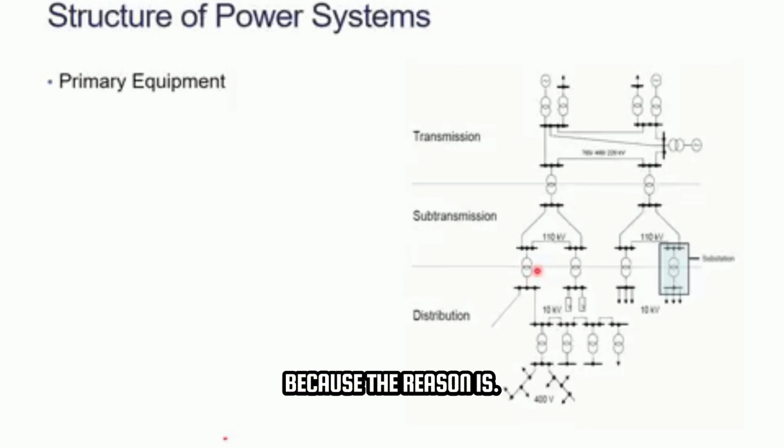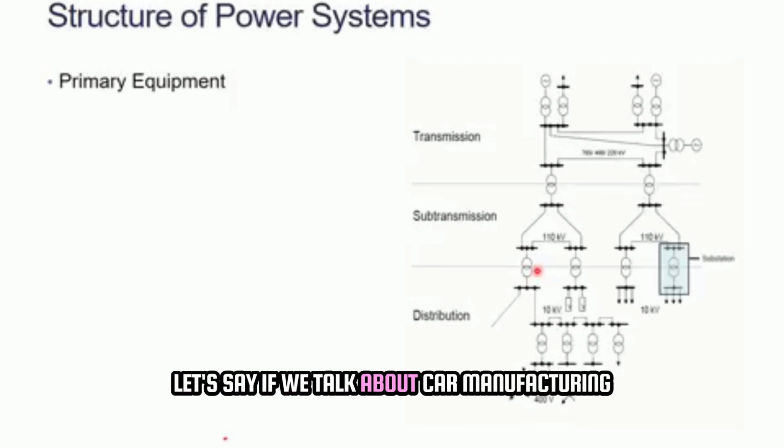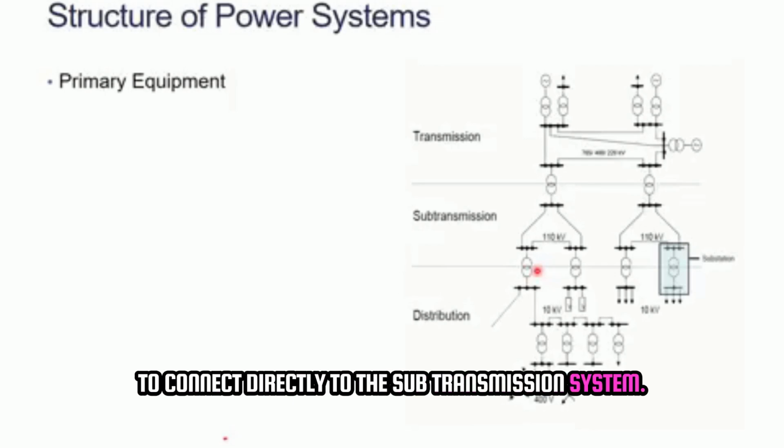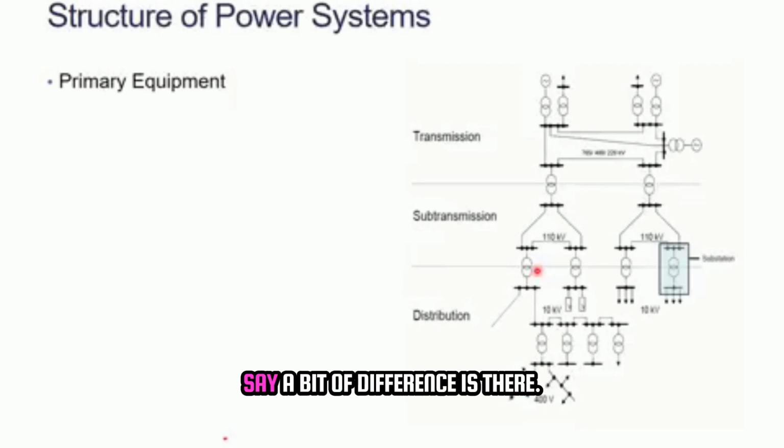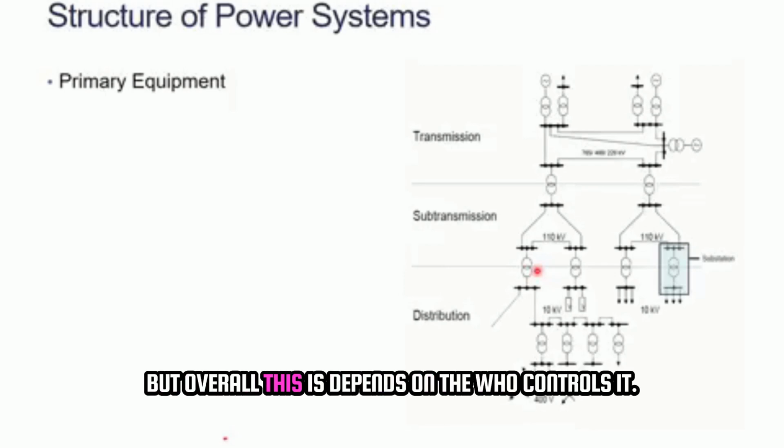For example, car manufacturing industries use really big motors, big in terms of voltage level and the power they consume. So if they have those types of motors, they prefer to connect directly to the sub-transmission system. So that way there is a bit of difference, but overall it depends on who controls it.